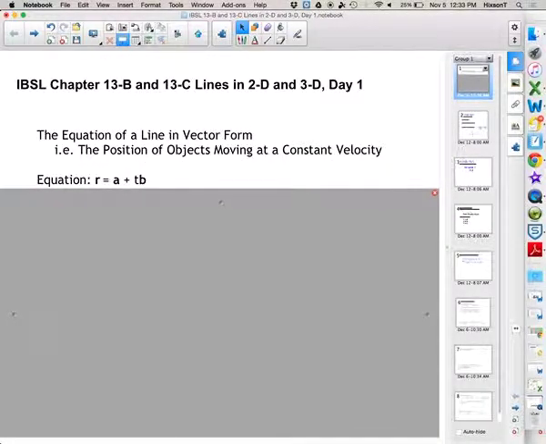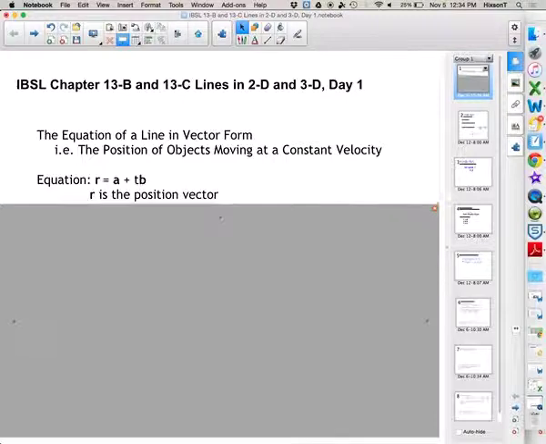The equation that's given in your formula booklet is this: vector R equals vector A plus T times vector B. This is a form that you need to be familiar with because that's what you're going to see in your formula booklet if you happen to look at it. And this is a basic vector equation.